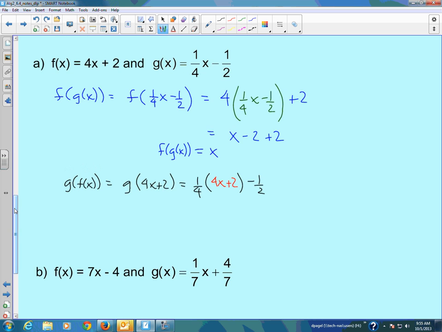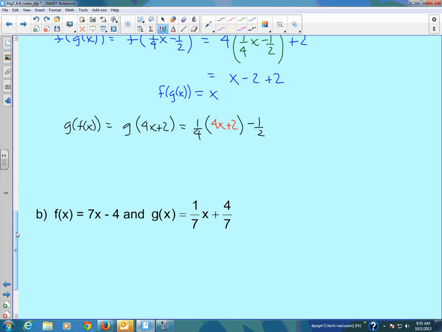Plugging into my g equation there. 1/4 of 4x, this gives me x, plus a half, minus a half, I get just x. So g of f of x is also equal to x.